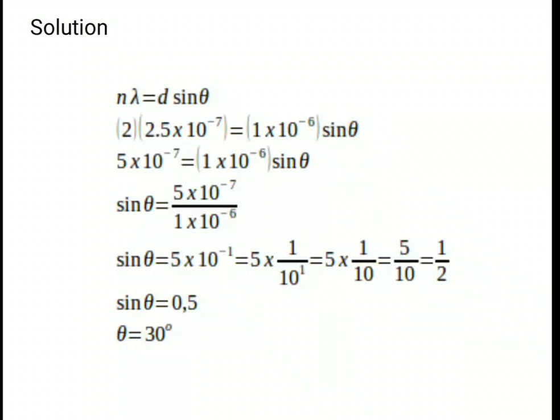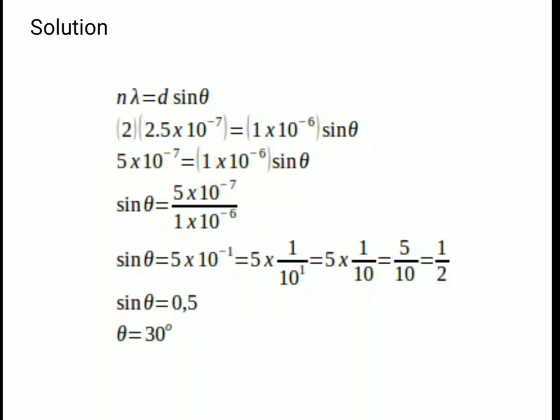Here we have to find the value of theta. So 2 into 2.5 into 10 power minus 7 is 5 into 10 power minus 7, which is equal to 1 into 10 power minus 6 sin theta.